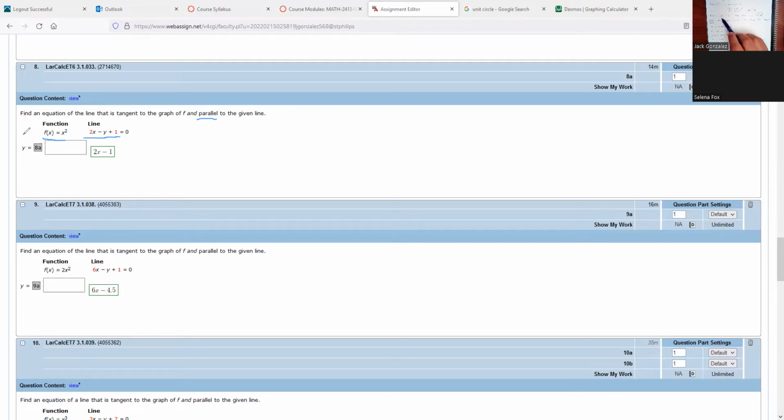Plugging in 2 into the parabola gave me a 4. y1 was 4, x1 was 2, slope was 2, no negatives, okay. 2x minus 4 plus 4 plus 4. Well, I mean, that is another parallel line, but it's not our parallel line.